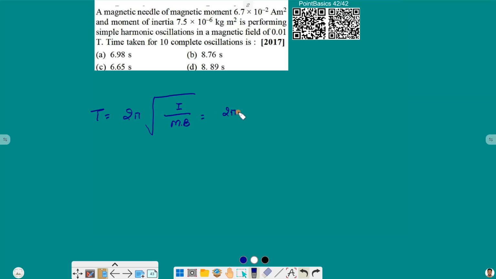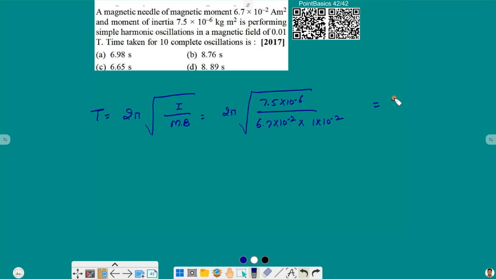So 2 pi, I is 7.5 into 10 raised to power minus 6, M is 6.7 into 10 raised to power minus 2, B is 1 into 10 raised to power minus 2. Let's solve this whole thing.